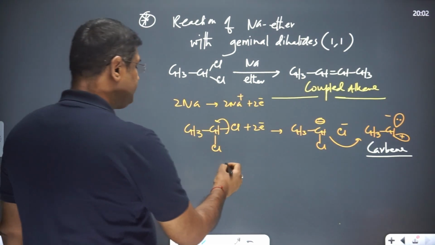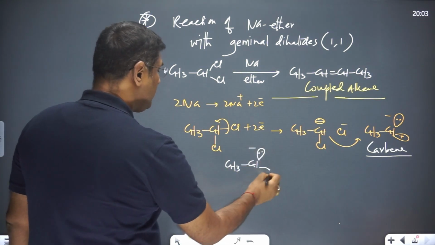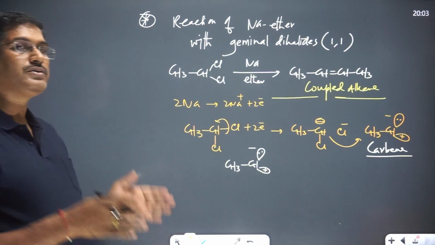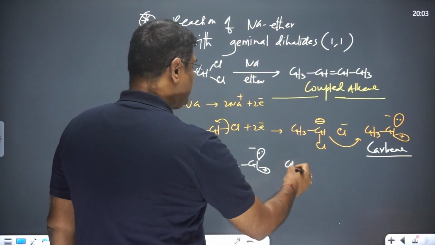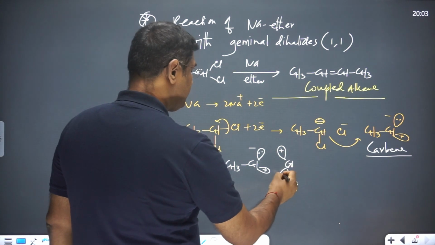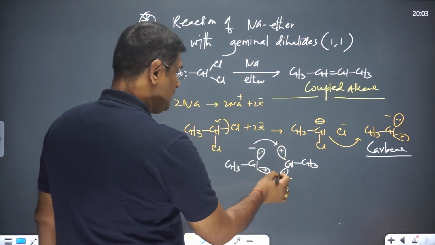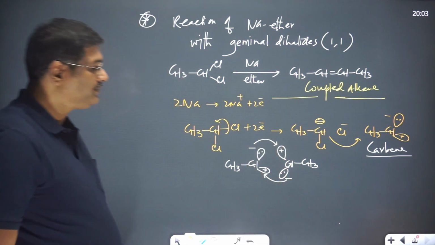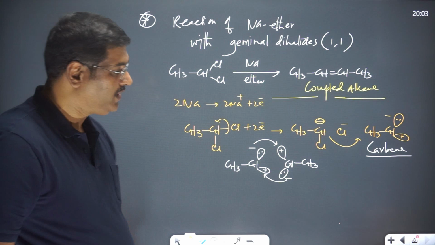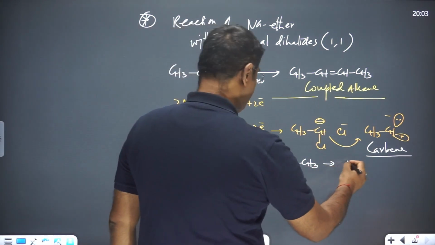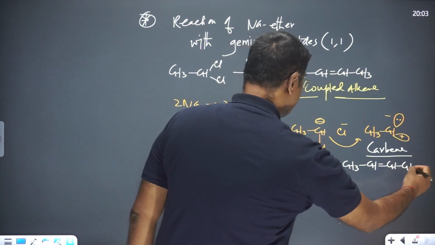This is the carbene CH3CH, and one of the orbitals is vacant, one is occupied. There the coupling takes place. These two orbitals interact: this filled with that vacant one, this vacant with that filled, and as a result we get CH3CH=CHCH3.